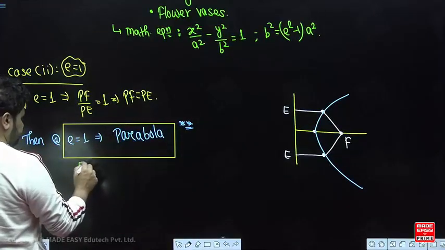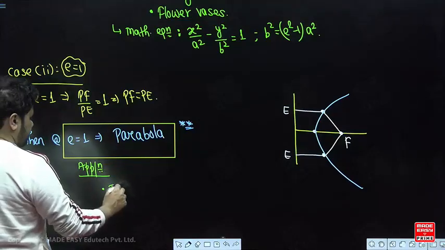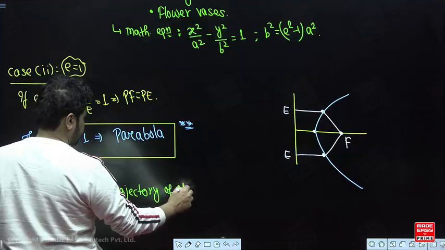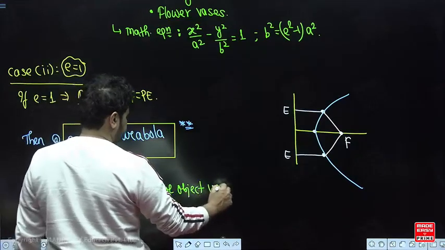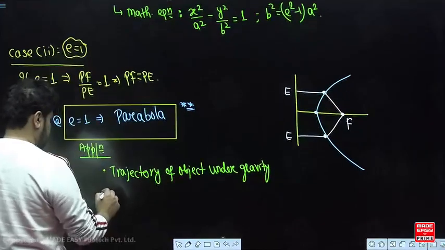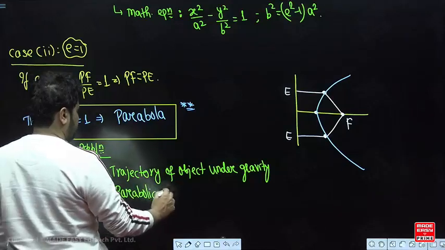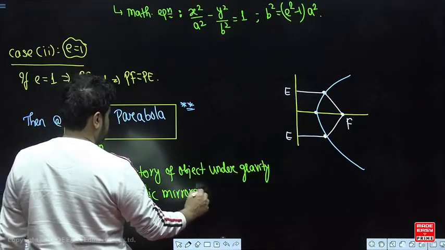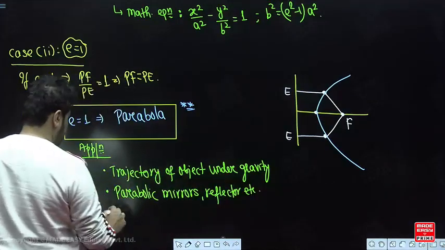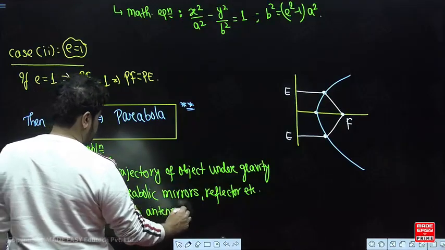So application, where you can see the parabolic. So application: this is the trajectory of an object under gravity, correct? Next, parabolic mirrors, reflectors, etc. Dish antennas, correct?